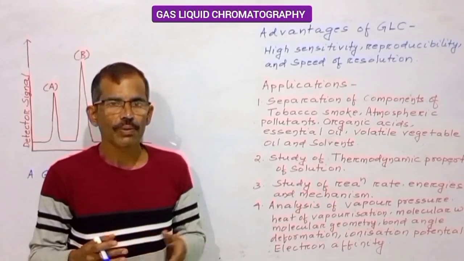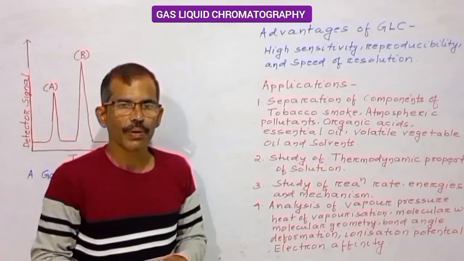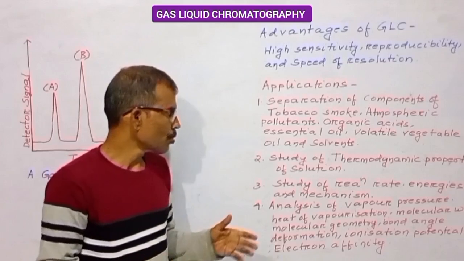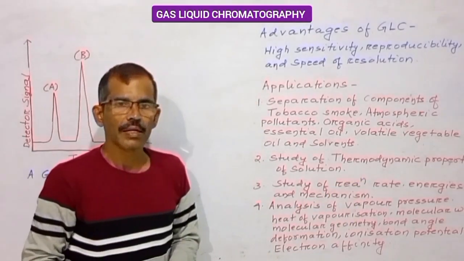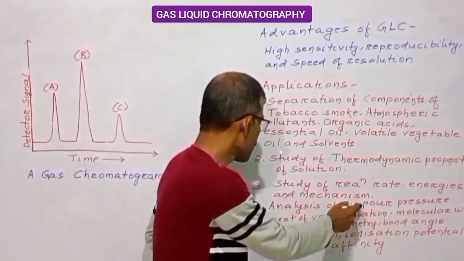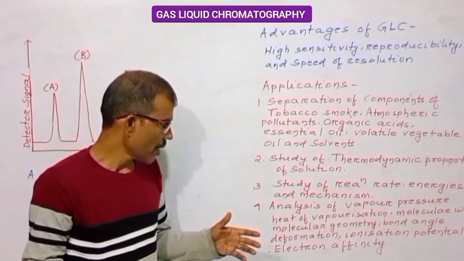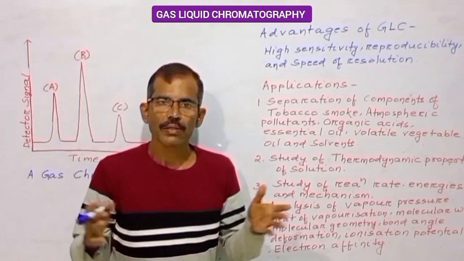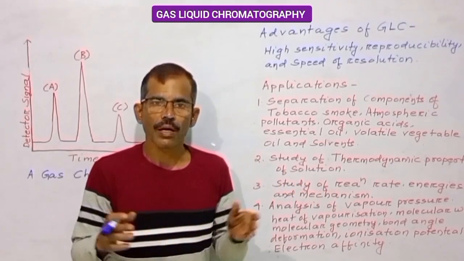It has also been used to study the thermodynamic properties of different solutions. GLC is used to study the reaction rate, energies, and the mechanism. Finally, vapor pressure, heat of vaporization, molecular weight, bond angle deformation, ionization potential, and electron affinity have also been analyzed by this technique.